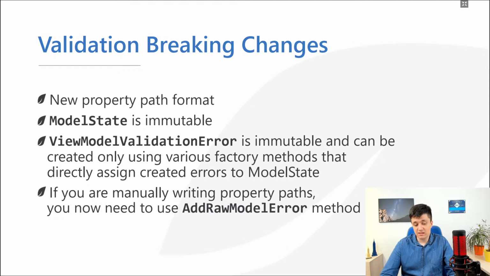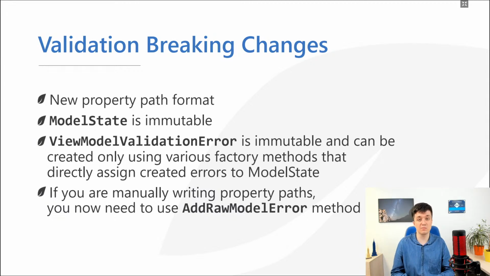And lastly, we introduced a new method called AddRawModelError, which can be used if you want to add new validation errors based on a handwritten property path. And this method only accepts the new, nice readable format, not the old, quite cumbersome knockout expressions. So if you were using manually handwritten paths, you just need to use this different overload.